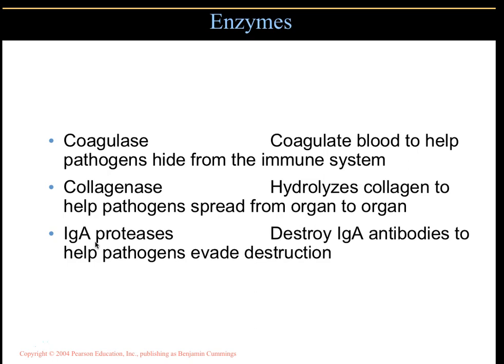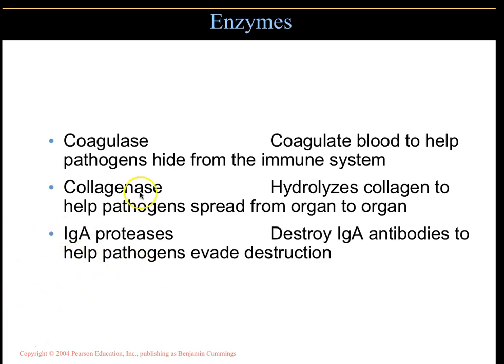IgA is made and found in mucus, tears, and sweat, and that's there to protect you against pathogens that could enter the eyes, enter the skin, enter the upper respiratory tract.